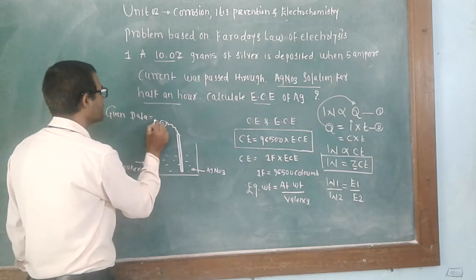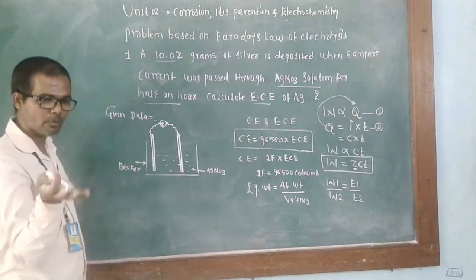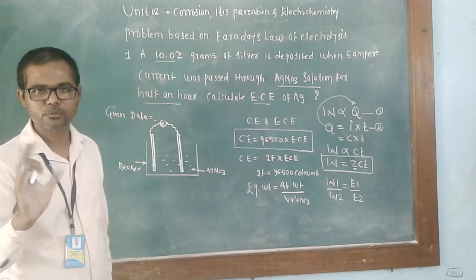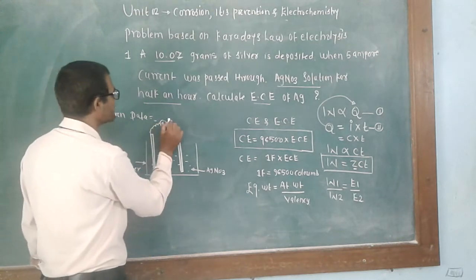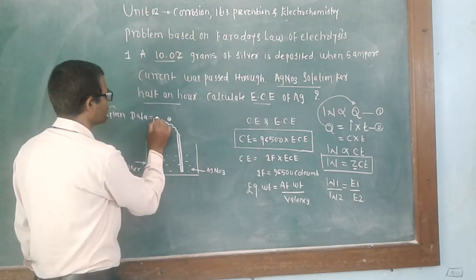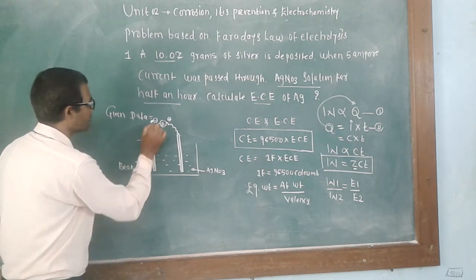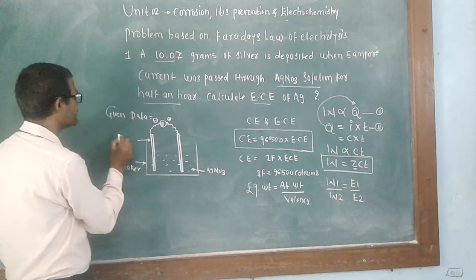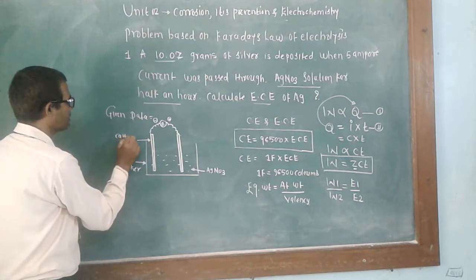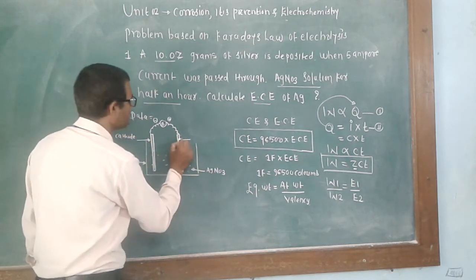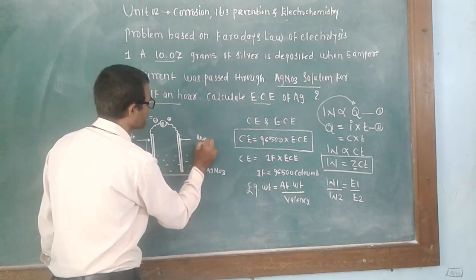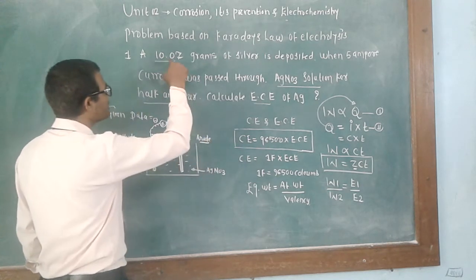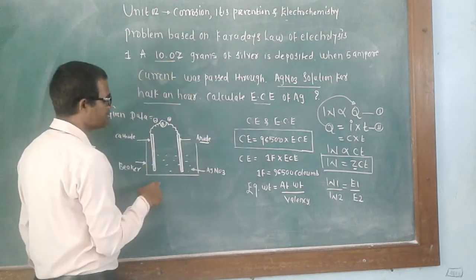The battery has two poles or two ends, one negative and the second positive. The electrode connected to the negative terminal of the battery is said to be the cathode, and this one is your anode. So according to the problem, this is the setup.